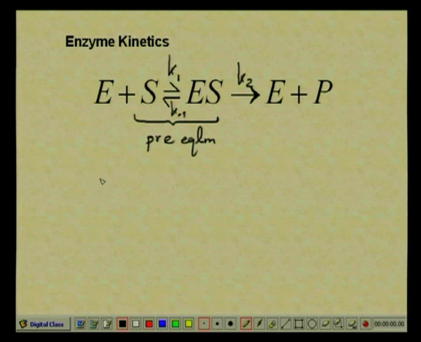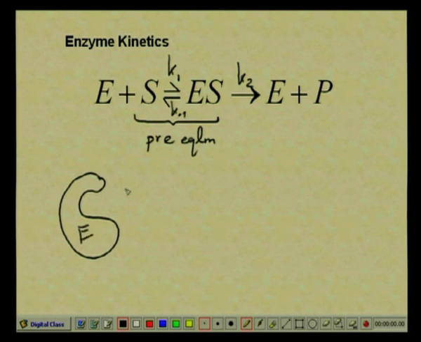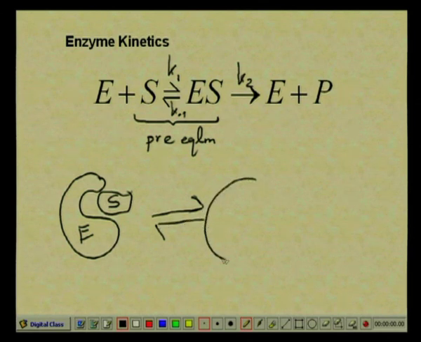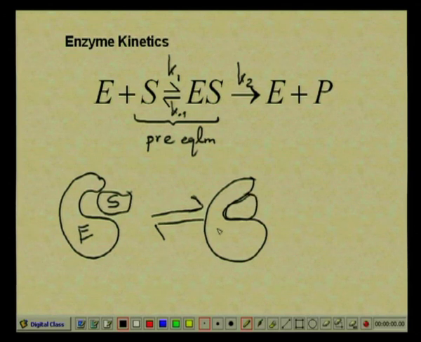So, if we just draw what it looks like, we have say an enzyme and we have our substrate. They are forming an enzyme substrate complex.